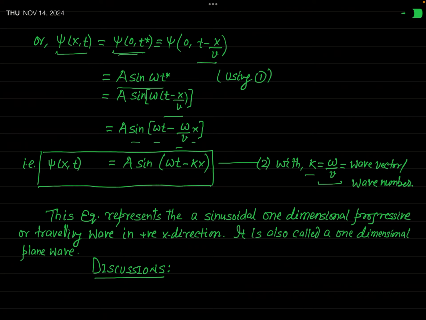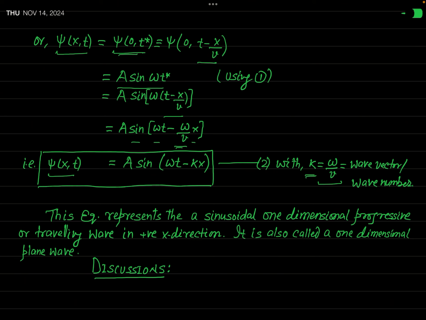But when we study wave motion, it is called the wave vector or wave number. So let us denote this omega over v by k. And therefore psi of x,t is equal to A sine of omega t minus kx.